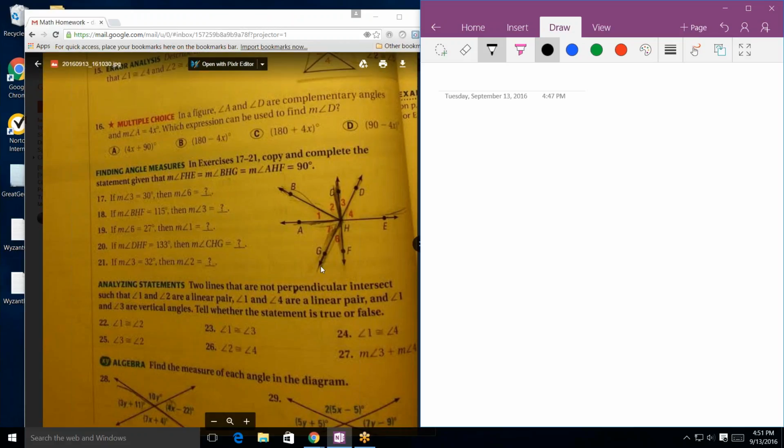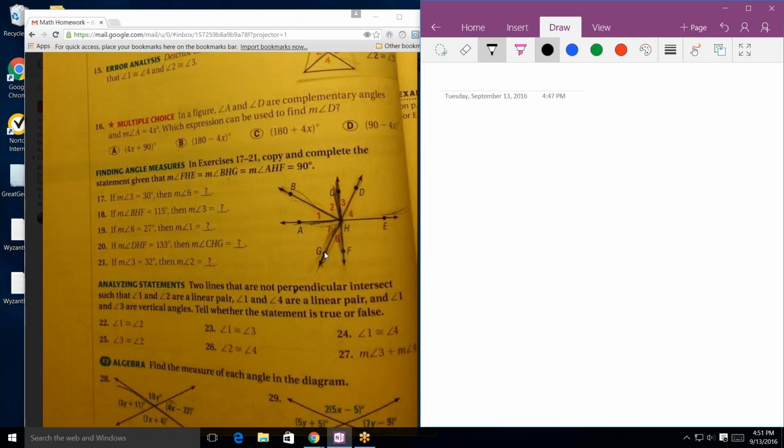And maybe the arrow on that end and the arrow on that end does mean that GD is a straight line. That ray is a ray. So perhaps we can assume that's a straight line because of the arrows on both ends of it. Okay, that's what I was saying. Let's look at 18.